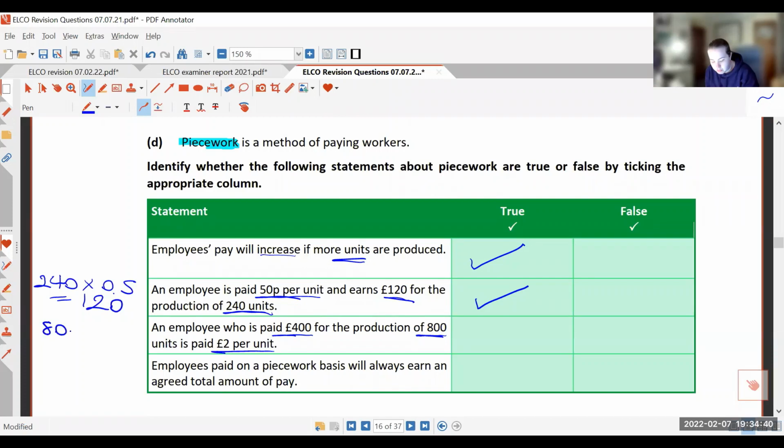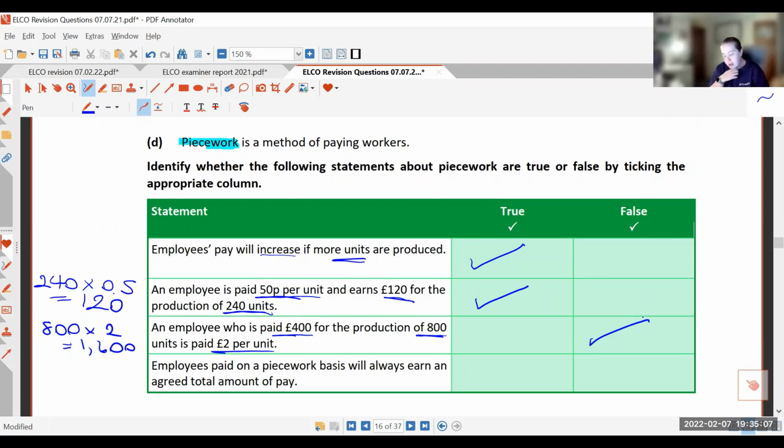So if I do 800 times 2, I would get 1600. Yeah, so that's actually an incorrect answer. So it would be false. If they were paid 50p per unit, then they would get £400, but they're being paid £2, so they could get a lot more than that.